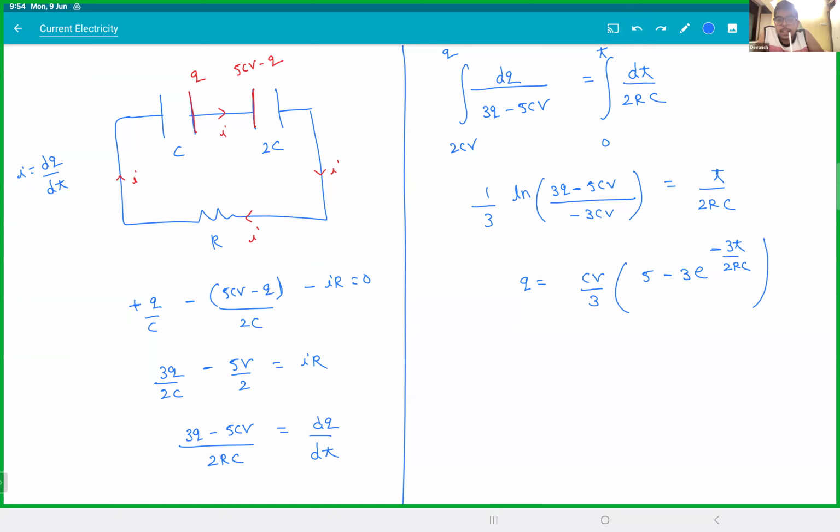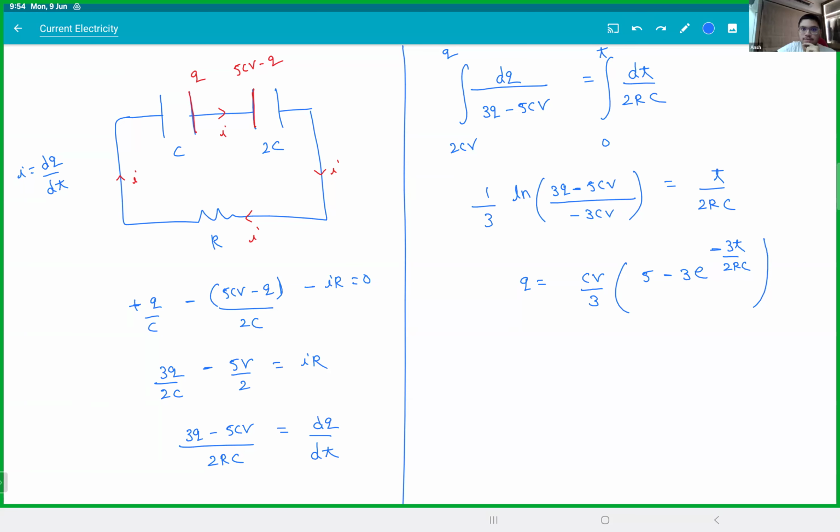सर बट t को 0 डालेंगे तो फिर 4 cv/3 आएगा ना. You got disconnected. Then we need 3 into 2 CV, no?